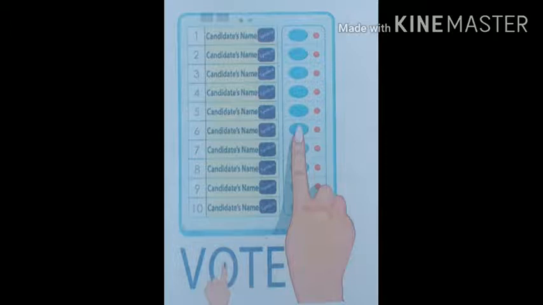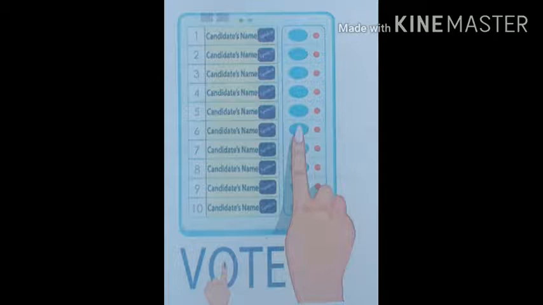For election, the entire state is divided into several constituencies on the basis of population. Political parties nominate their candidates to each constituency. All the people residing in that constituency who have completed 18 years of age have their vote.